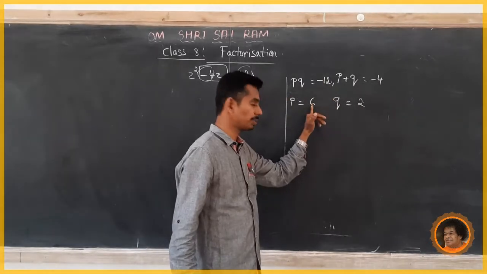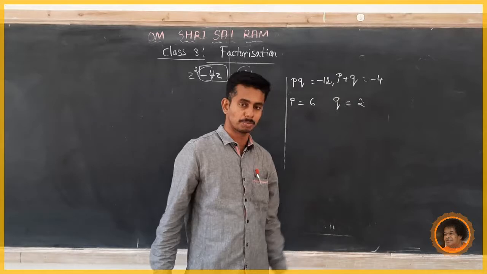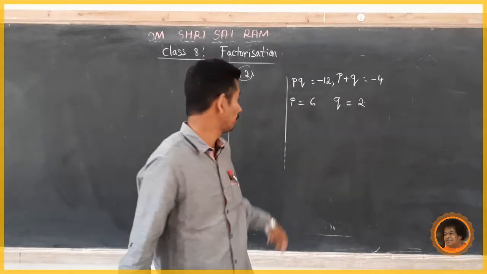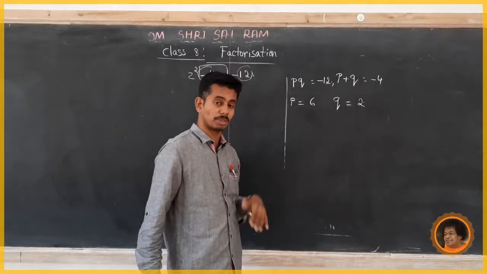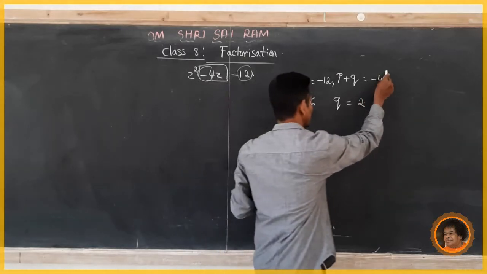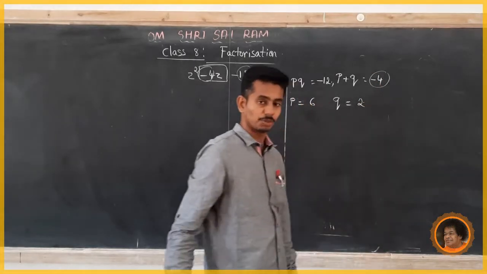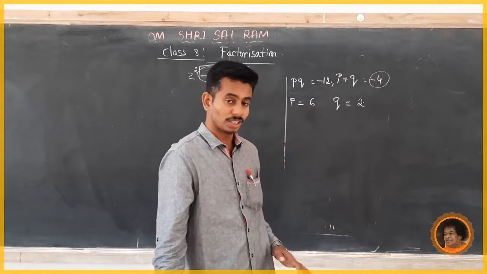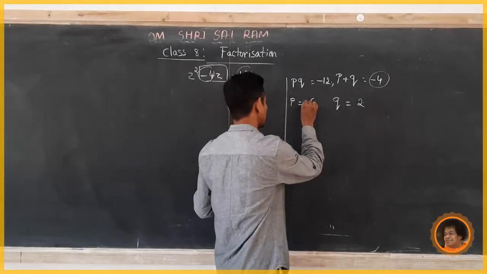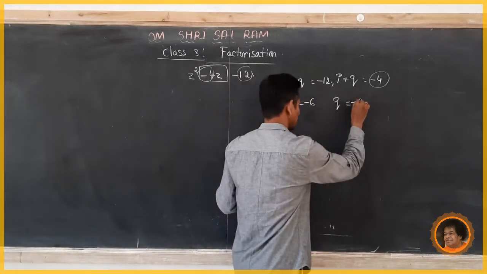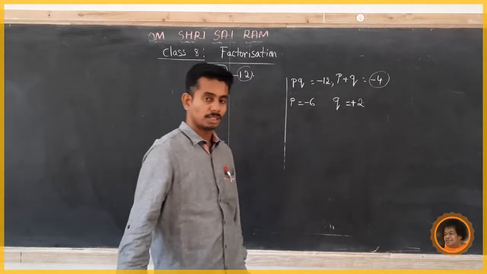So one number must be plus and the other minus. Which one contains plus and which contains minus? Look at the sum, it is minus 4. To get minus 4, the largest number must get the minus sign and the smallest number the plus sign.